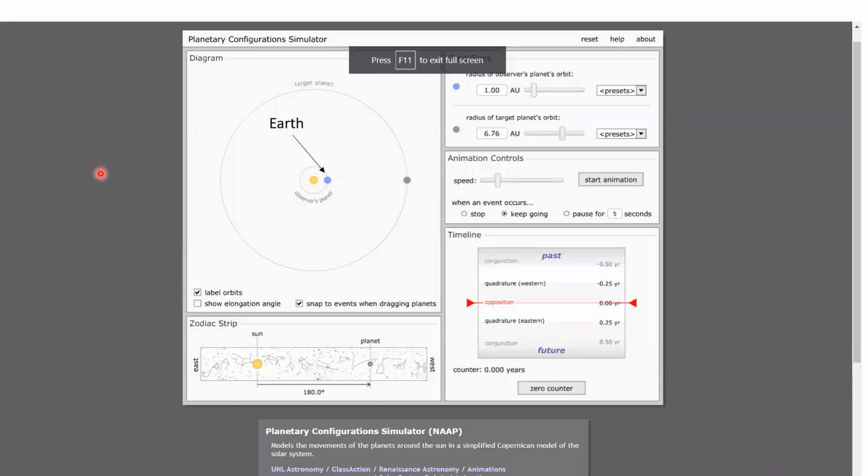And now let's go back to the diagram. Even though you're going to use two successive conjunctions in order to find the synodic period, I'm going to explain the following method using opposition because it's easier. So here's a diagram of opposition. Sun is to the left, planet to the right.